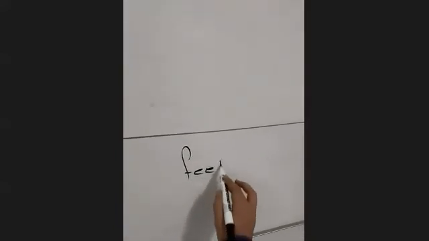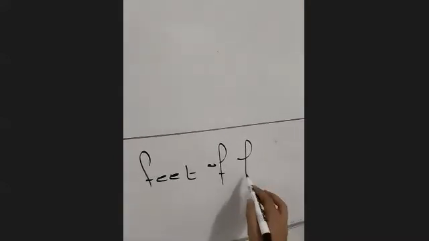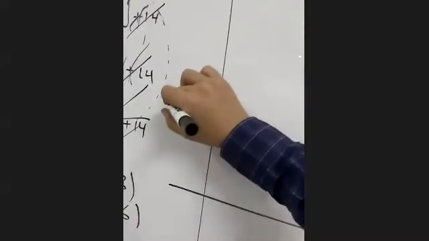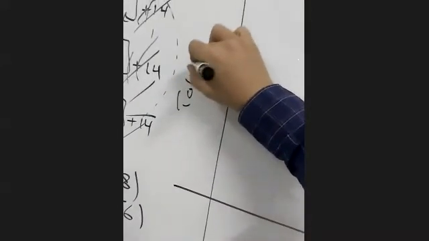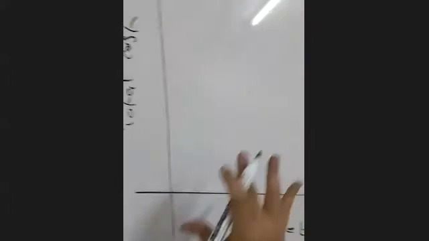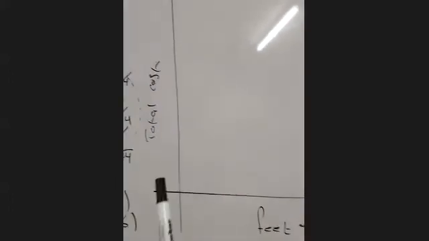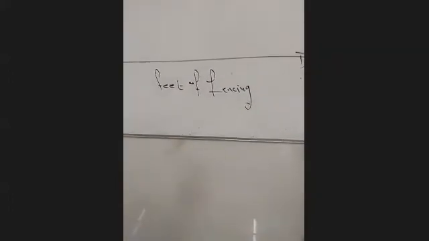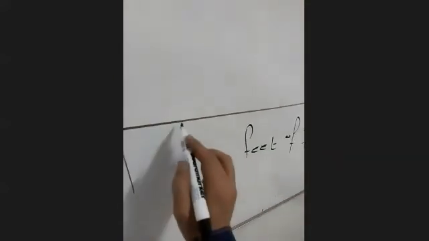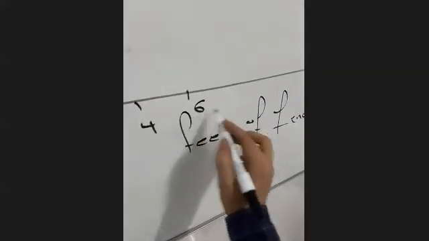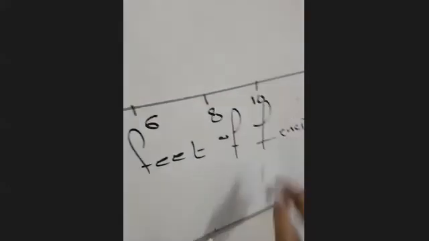I will put the numbers here. Down they wrote feet of fencing, and here the cost, total cost. The numbers down we have 0, 2, 4, 6, 8, 10.